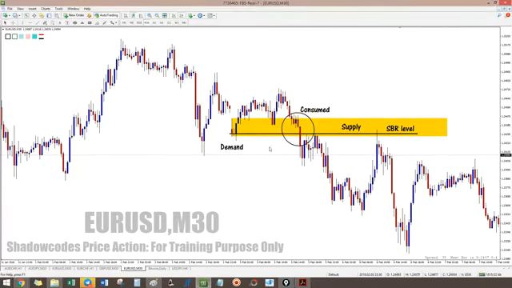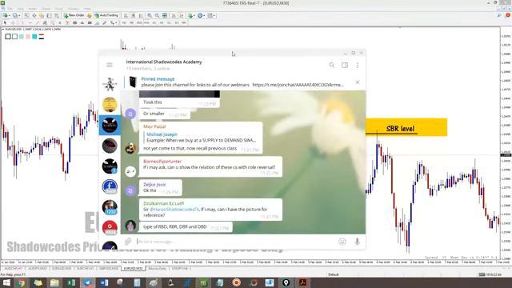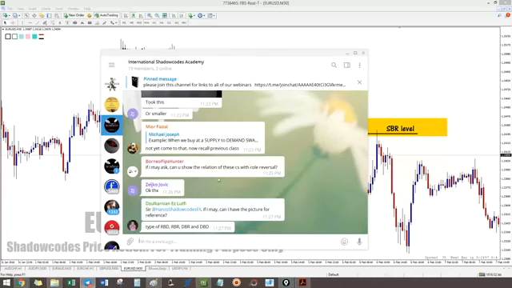Okay. So just find the demand at the SBR level and you will find a swap zone. Okay. So let's see. So we already have the relation between the CS with row reversal.